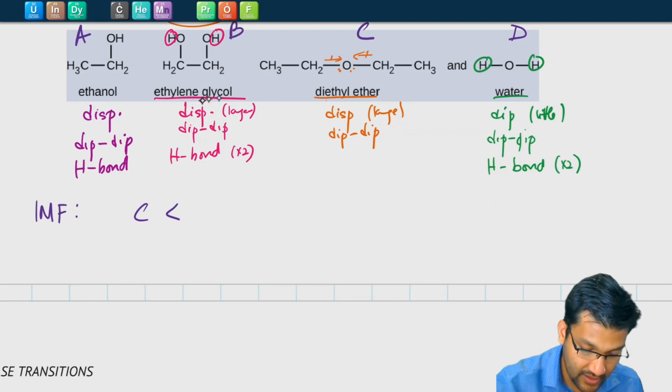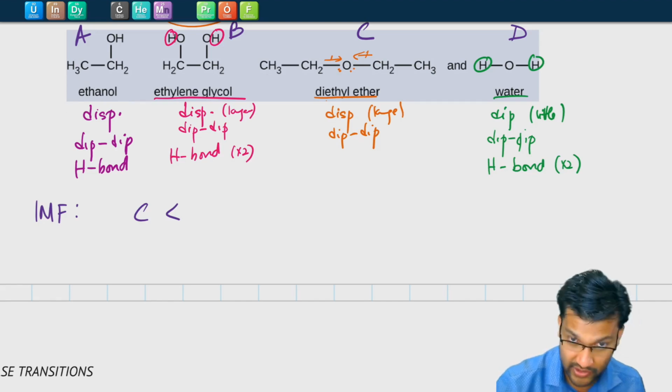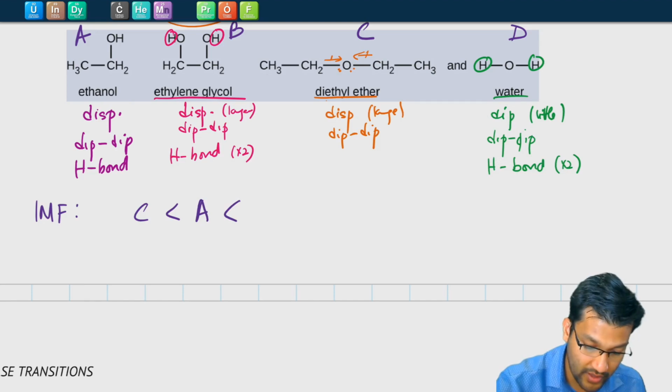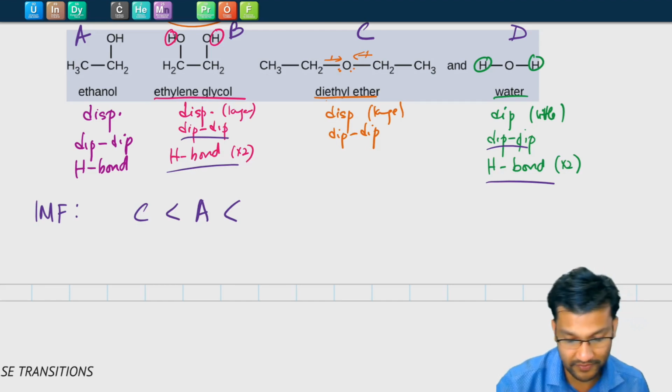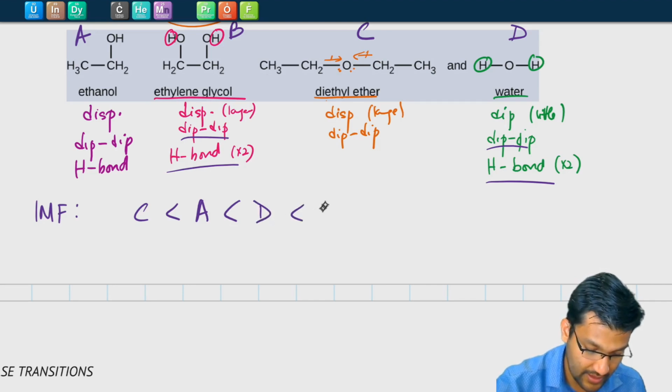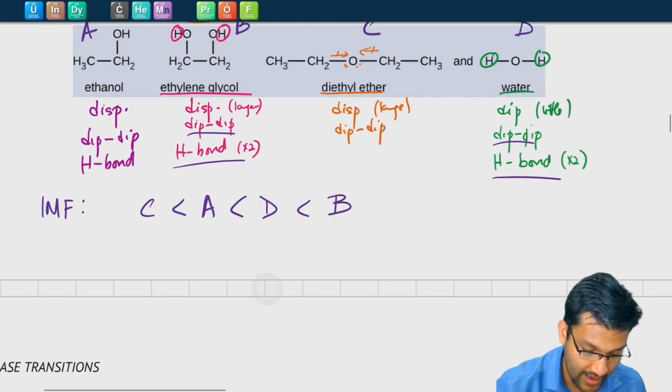Both ethylene glycol and water have two hydrogens for hydrogen bonding, and that's the strongest one, whereas ethanol only has one hydrogen bond, so A will be next up. Then we have water, because water and ethylene glycol have the same sort of hydrogen bond and dipole-dipole ability, but water has a weaker dispersion, so we'll put water next, and then ethylene glycol after that.